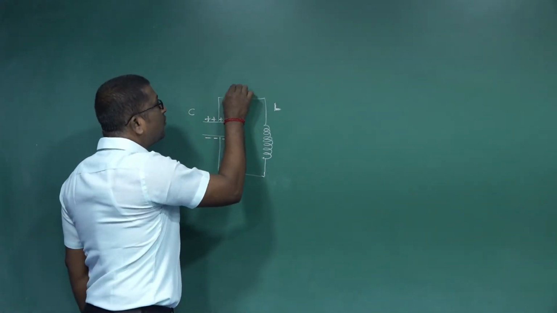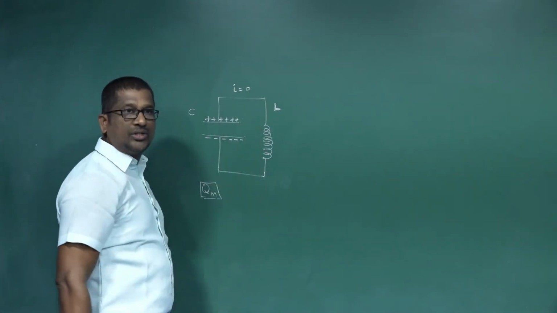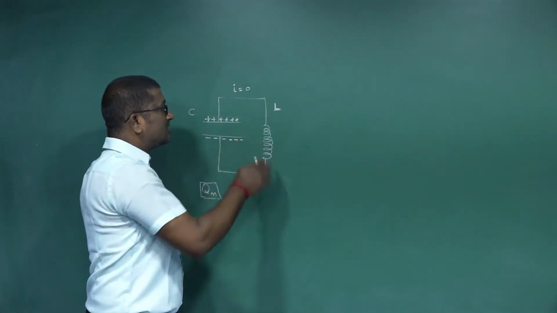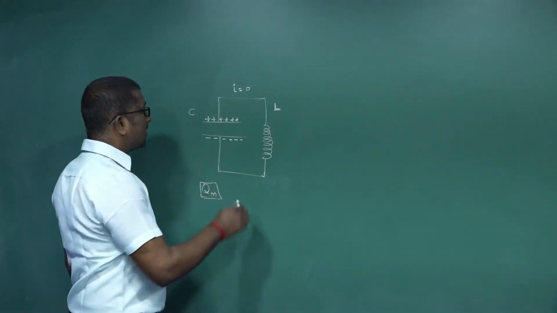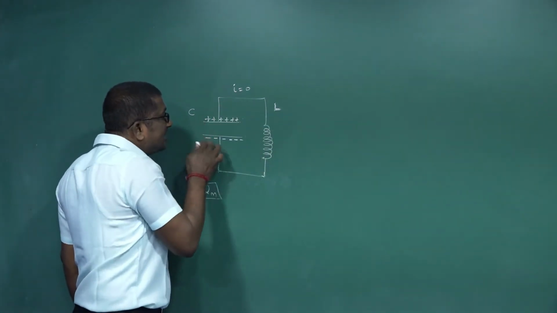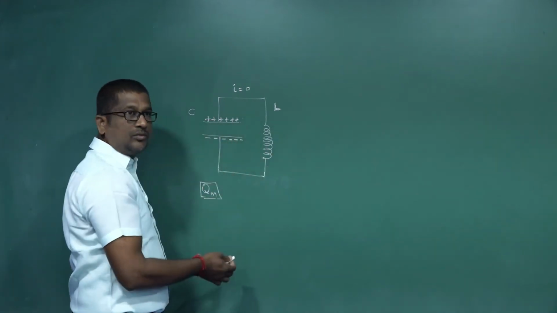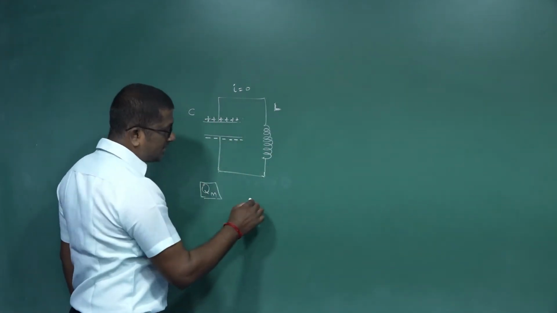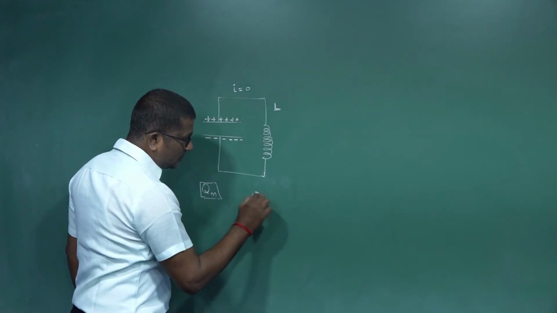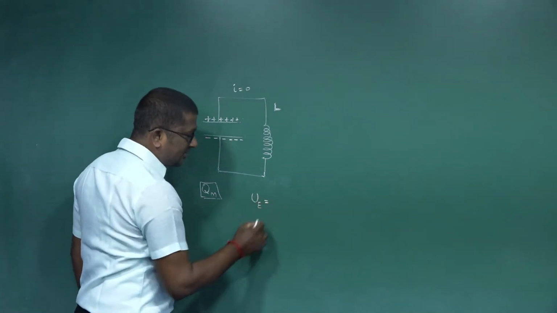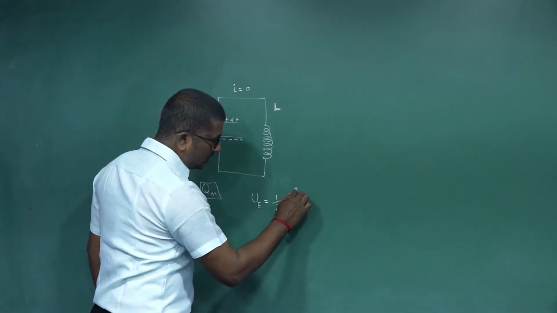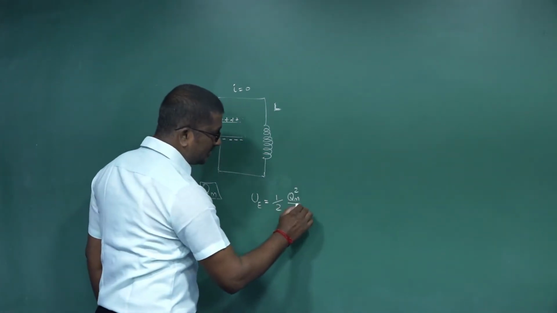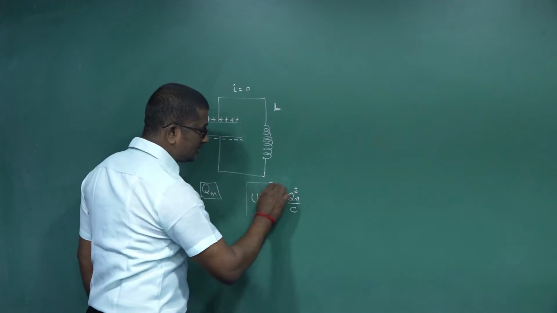If there is no flow of current through the inductor, only the energy stored in the capacitor exists. The energy stored in the capacitor is taken as U_E, given by Q_M squared divided by C.